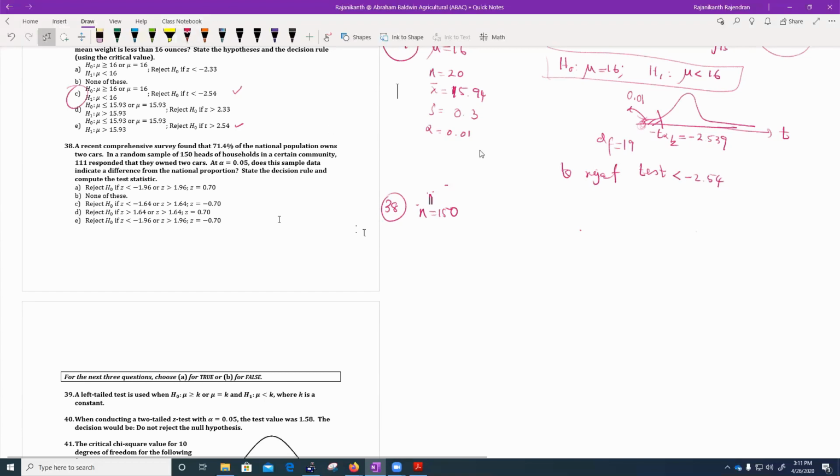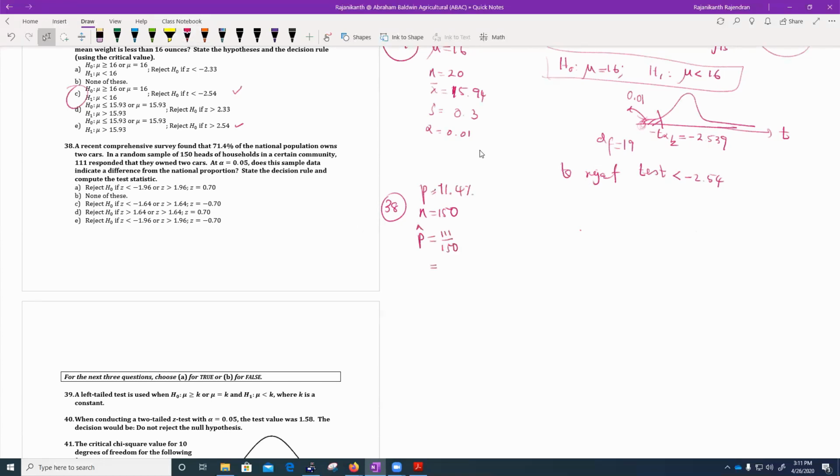So the given one is the population proportion P, that is 71.4%. And you know the sample size, right? Okay, out of 150, 111 says yes. Therefore, we have P hat, that is 111 over 150.